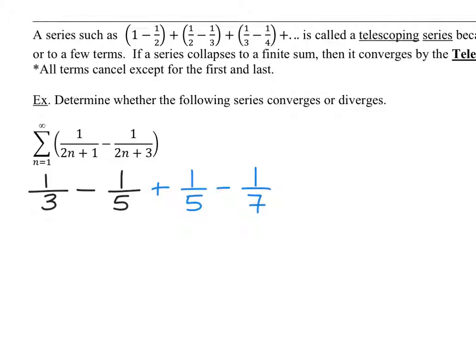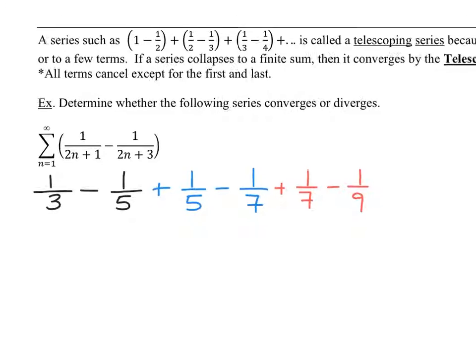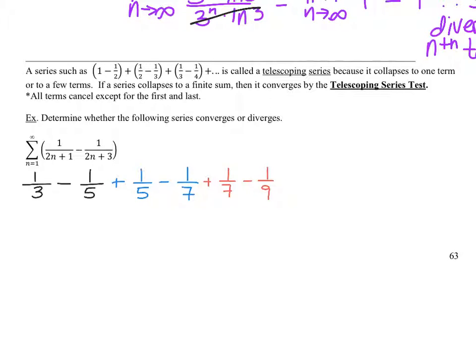So after you plug in maybe the second or third value, you stop plugging in and you just start going with it. Because if I plug in a 3, I'm going to get 1 over 7 minus 1 over 9. And then you can continue the process until you get to the last entries.